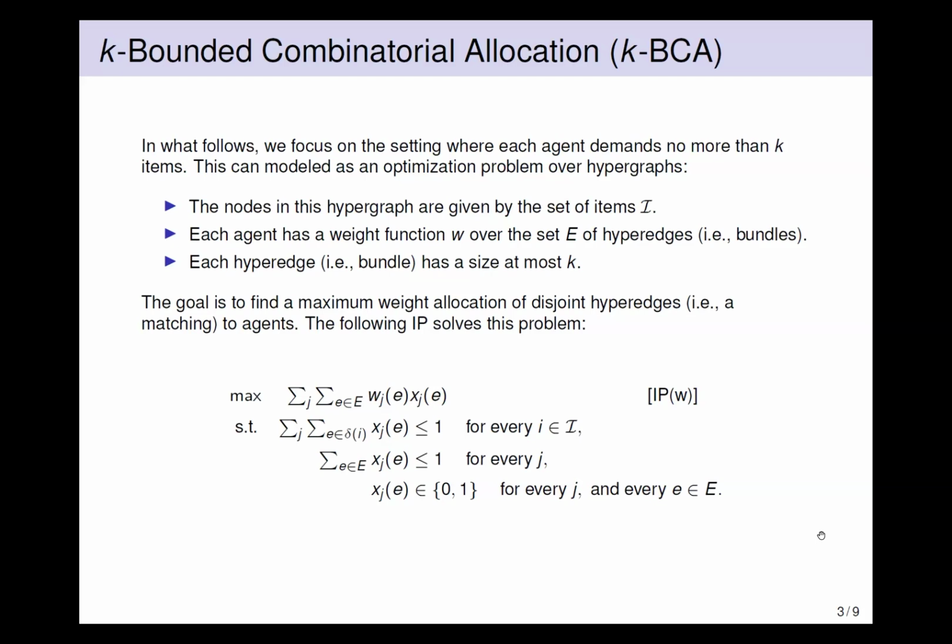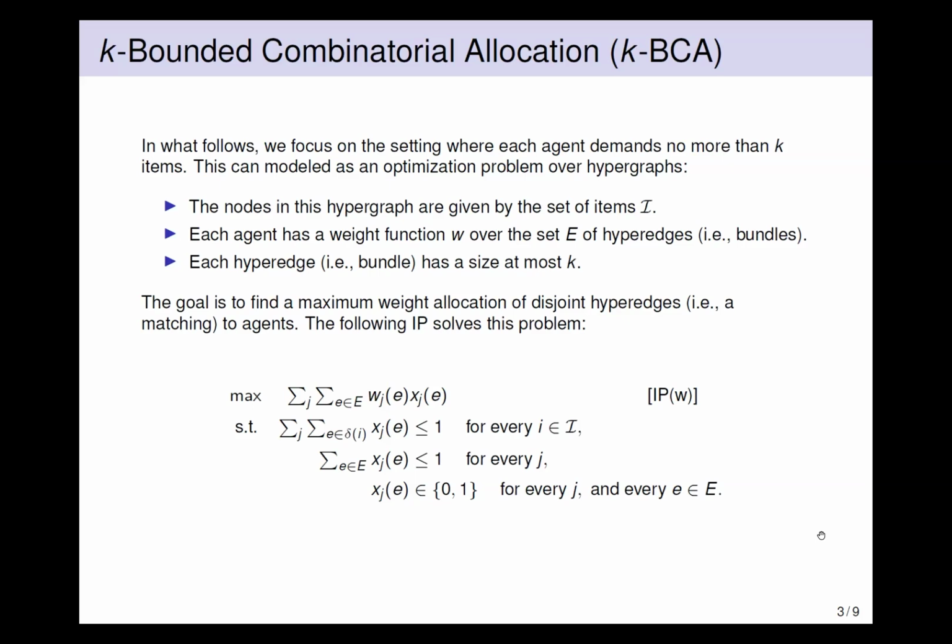The nodes in my hypergraph are given by the set of items. Then each agent has a weight function over the set of hyperedges. Imagine that every hyperedge is now a possible bundle, and they have size at most k. Again, the goal is to find a maximum weight allocation of disjoint hyperedges, so I'm looking for a matching in my hypergraph.